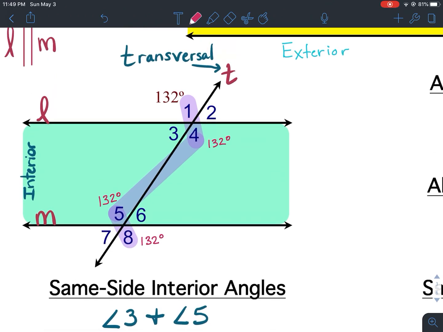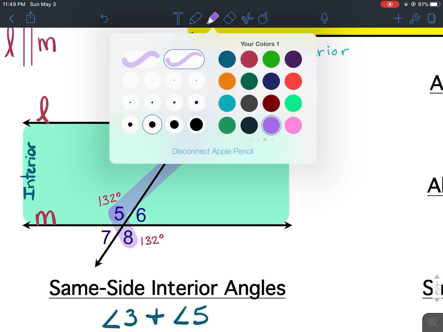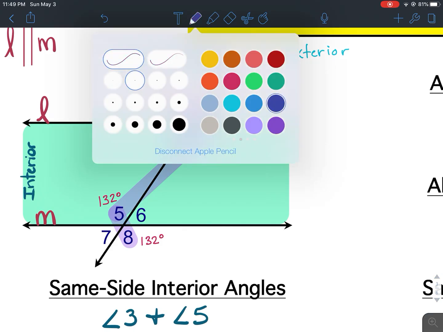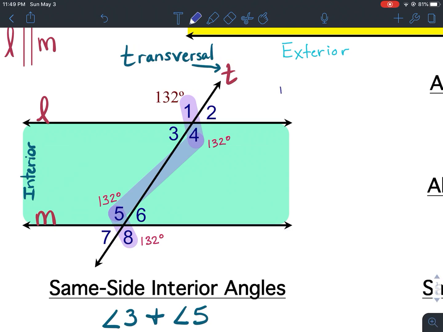To find the other, I use the fact that this is a straight line here, which means it's a linear pair. So to find the measure of angle 2, I take 180 minus 132. And 180 minus 132 is 48.